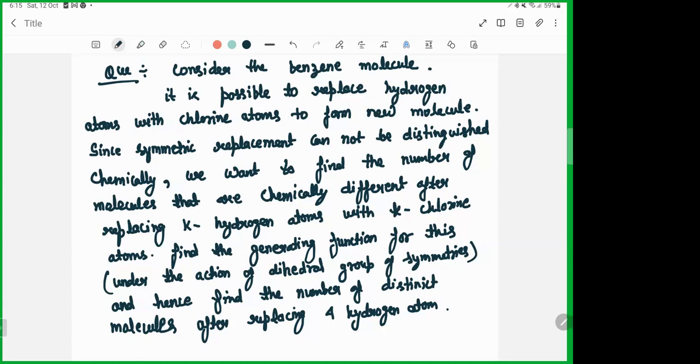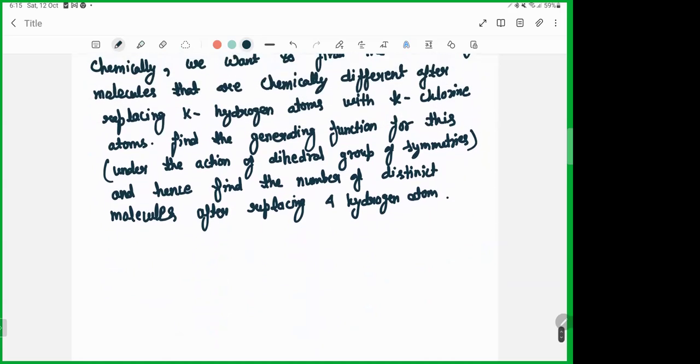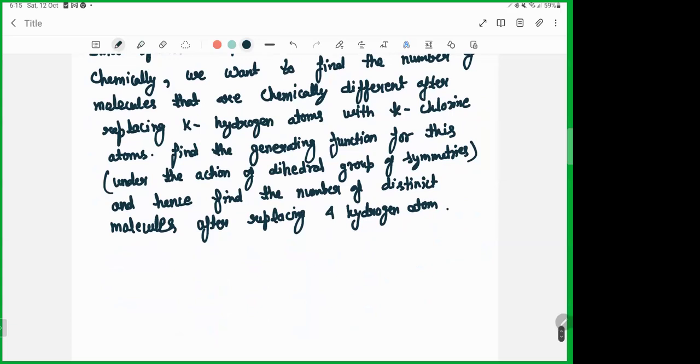Can you do it? So the problem can be seen as four coloring of the hexagon. Why four coloring? I'm saying it is similar to that because you are replacing only four hydrogen atoms, so there are six of them. This is the last part, but first we have to find the generating series for this.